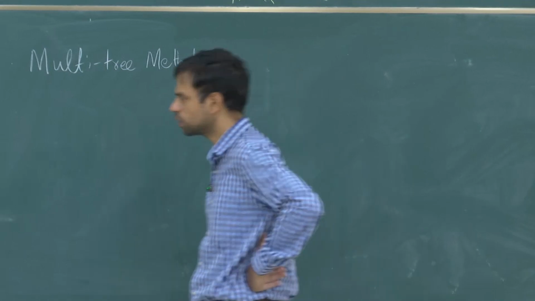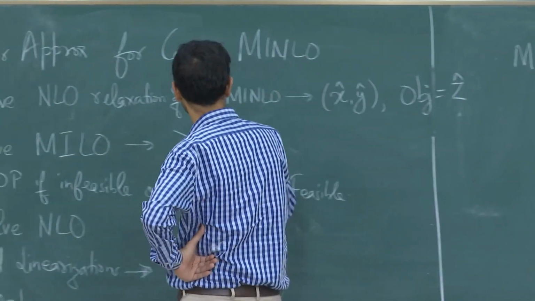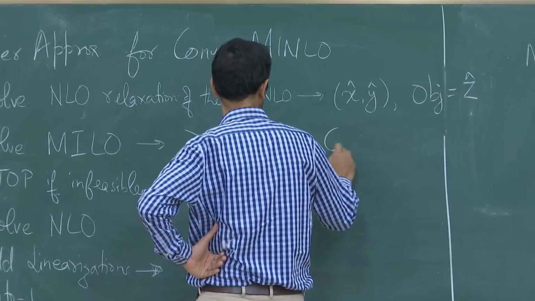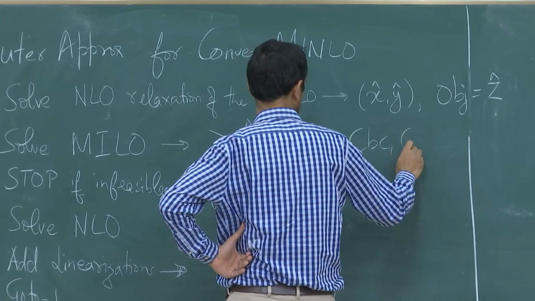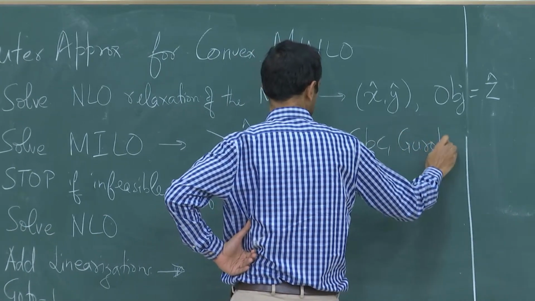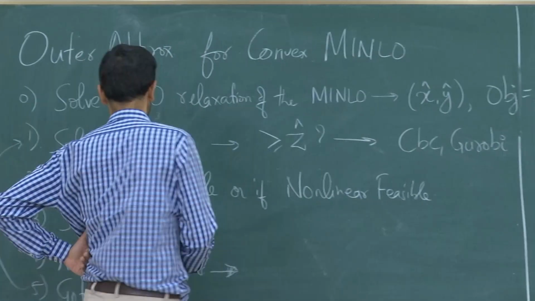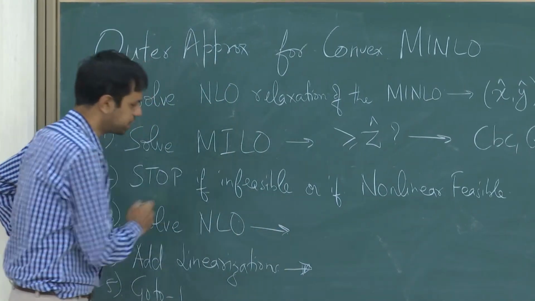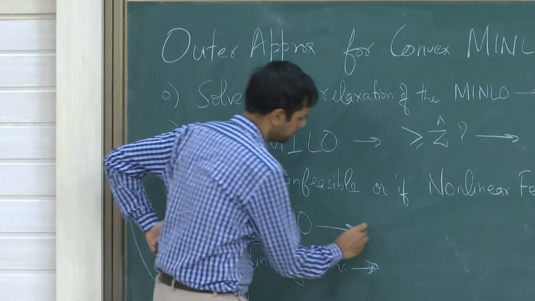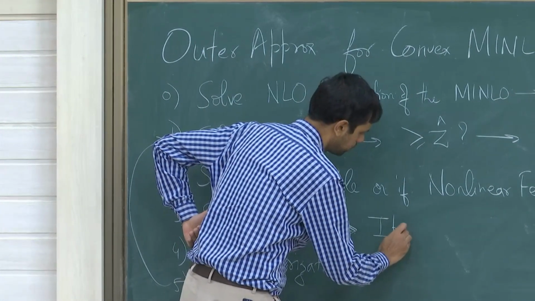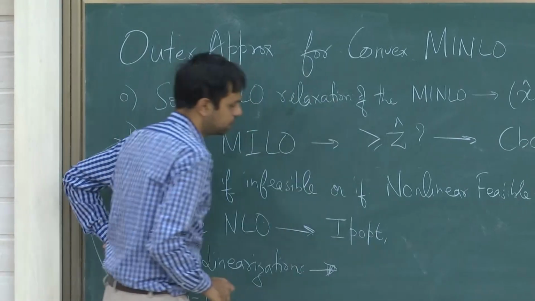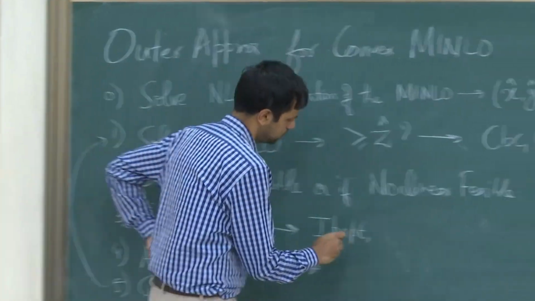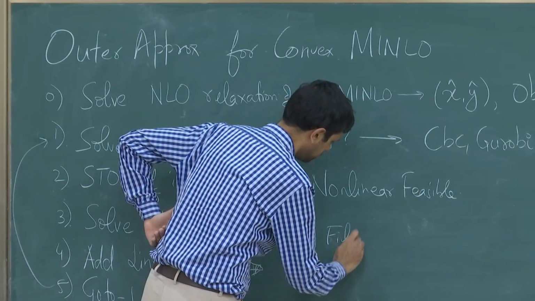Okay, so we already have very good solvers for this, for example, CBC or Gurobi, and very good solvers for convex NLO, IPOPT and filter SQP, for example.